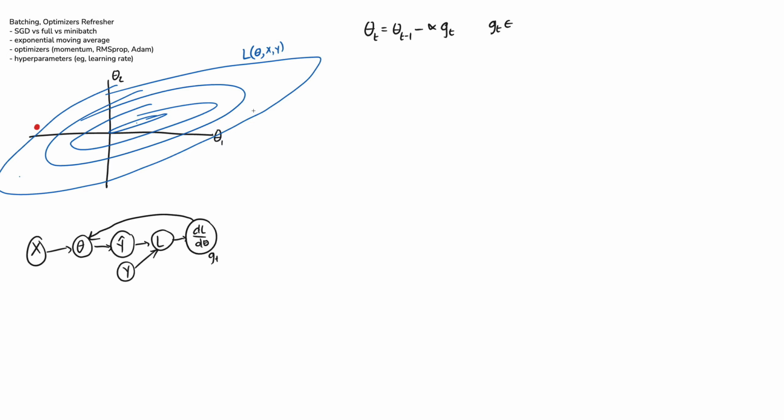In this case, our parameters are living in two-dimensional space, so we'll say R2 just for this example. So this is a vector. This is a vector. These are the same dimensions. Theta t minus 1 and g_t are all the same size vector, tensor, matrix, whatever.